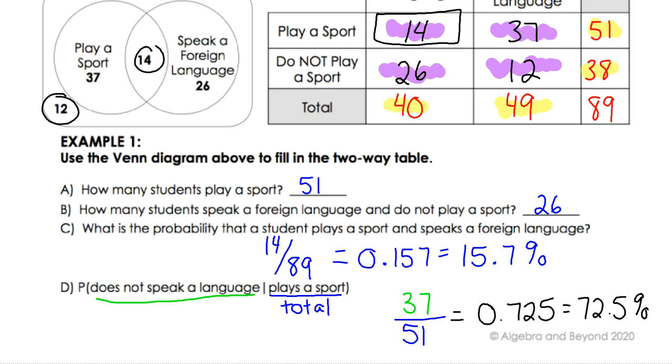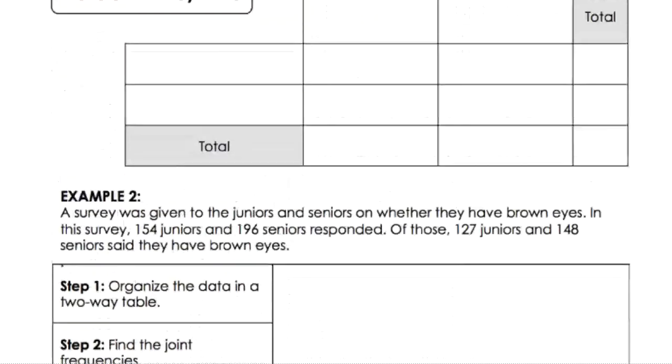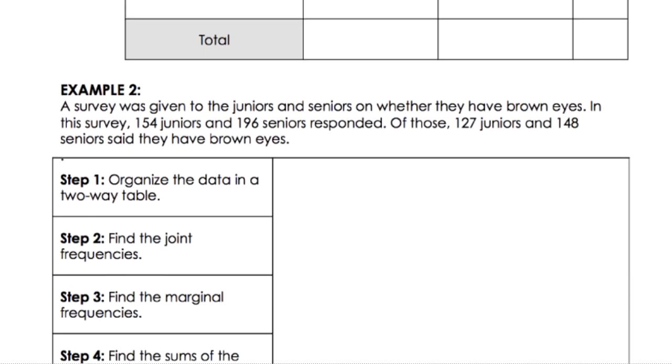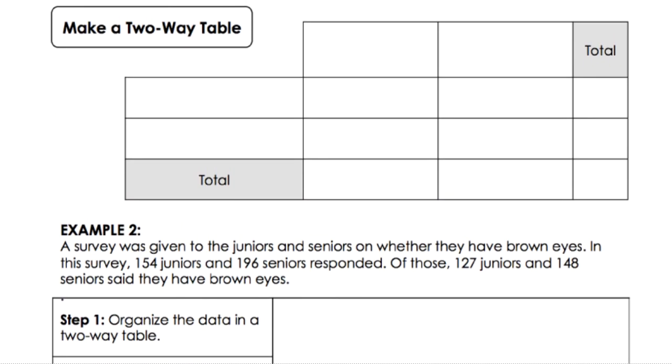What we're going to do next is we are going to create our own two-way table. So for example 2 here, we're going to use some information in the word problem to fill in our table, okay? And you can kind of see down below, there are some steps. So the first one is to organize the data into the two-way table. So we're going to read the question and figure out where things go. So the first thing it says is that a survey was given to juniors and seniors.